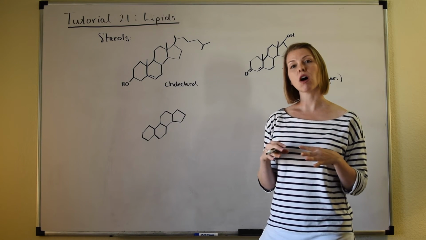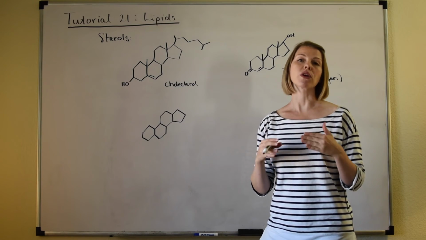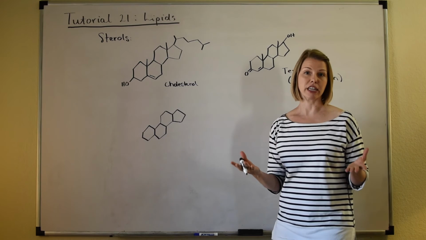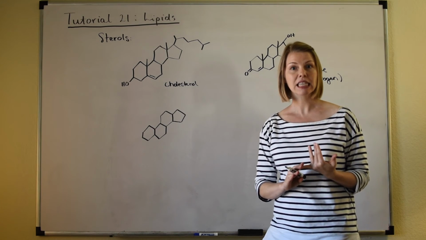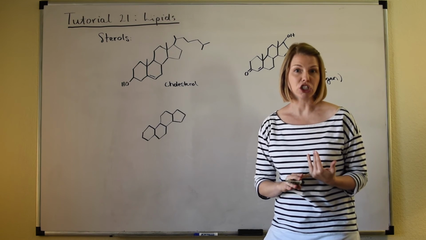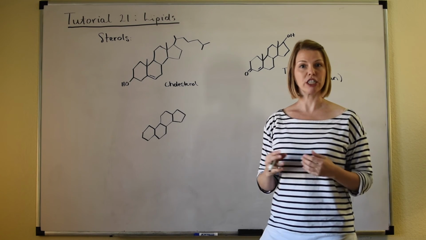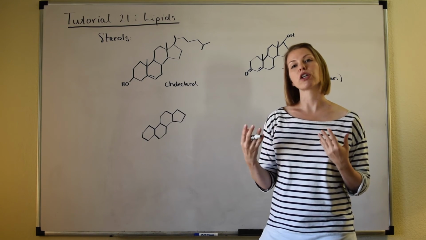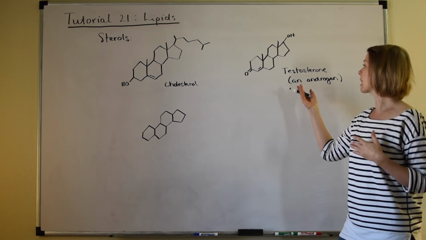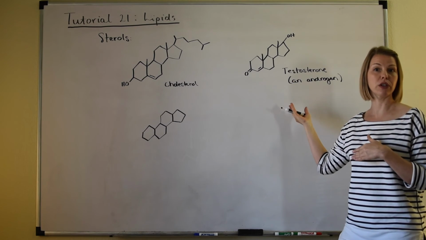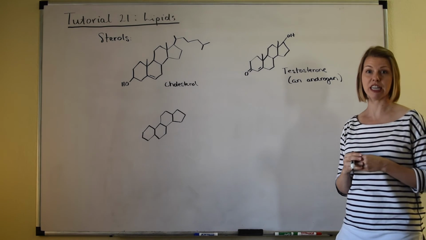And cholesterol is also a starting material for the synthesis of other sterols that are needed in the body, including the bile acids, which aid in the digestion of lipids from our diet, and the steroid hormones, which include, but aren't limited to, all of our sex hormones, which include the androgens and the estrogens.